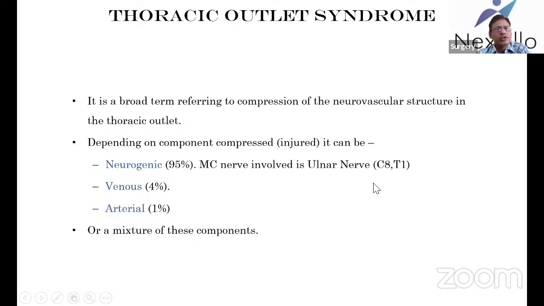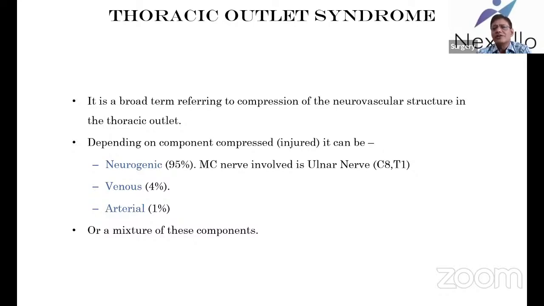Then it may be venous, it may be arterial. Arterial is the rarest, and then ultimately it may be a mixture of these three. So what you need to remember here is that though the commonest variant of thoracic outlet syndrome is neurogenic, accounting for 95% of the cases, the reality is that any one of these structures is compressed with almost equal incidence.